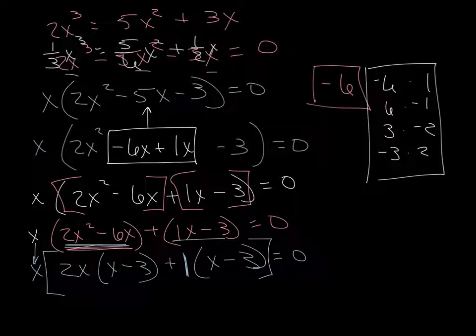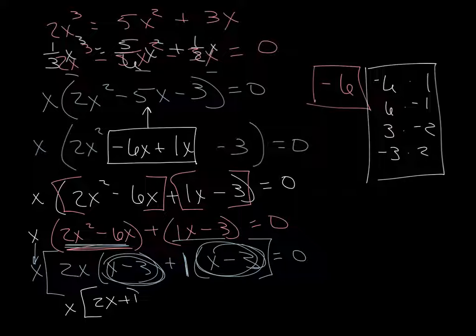Now notice this number and this number are the same. That will always be the case. So now I can rewrite this as 2x plus 1. The numbers outside the parenthesis go together, and the number inside the parenthesis I just write one time.